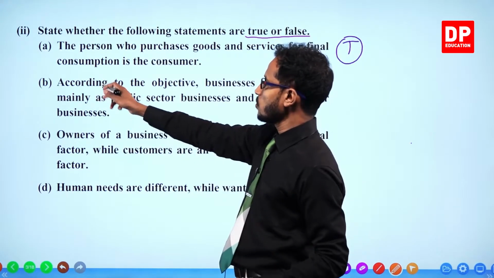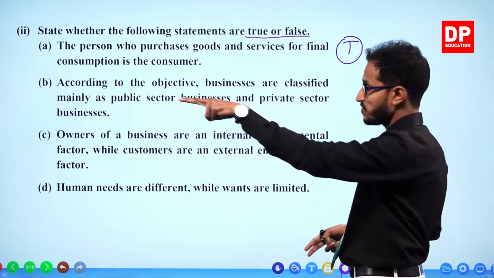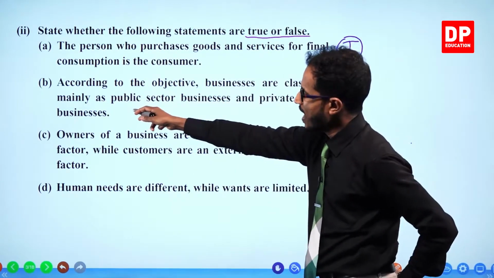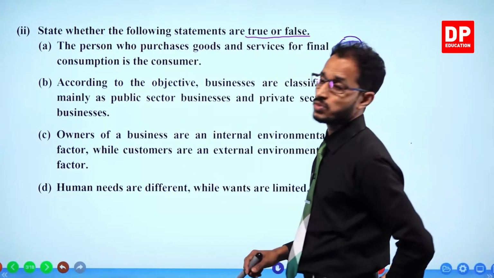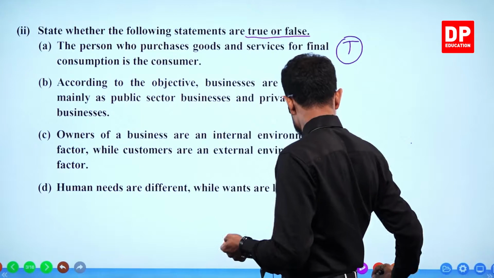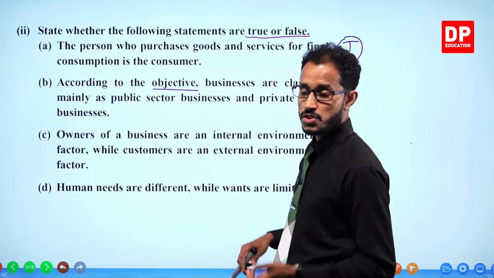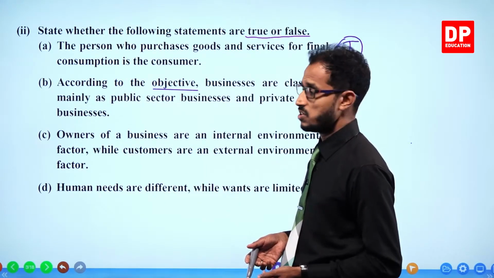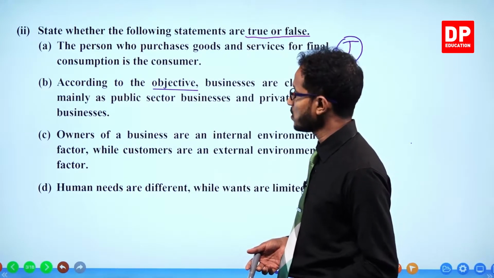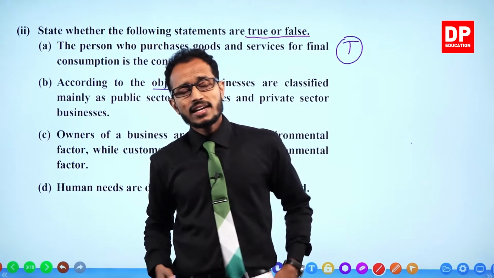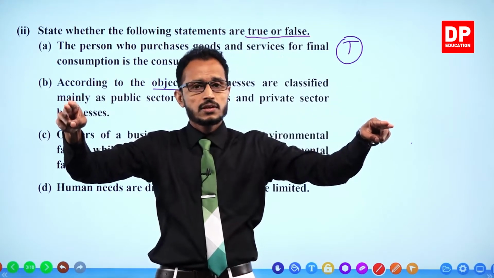B. According to the objective, businesses are classified mainly as public sector and private sector. Is that true? Objective. No. It's not true. According to the objective, you categorize the business organizations as profit and non-profit.